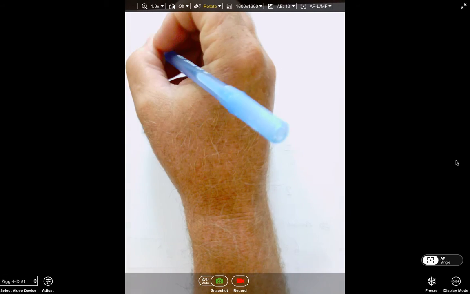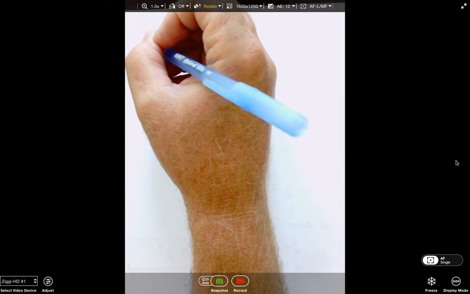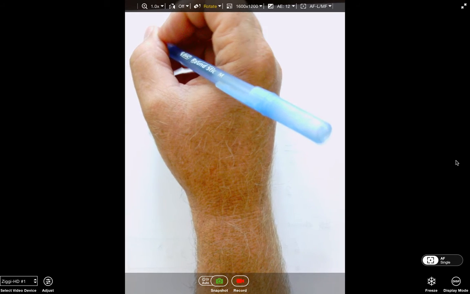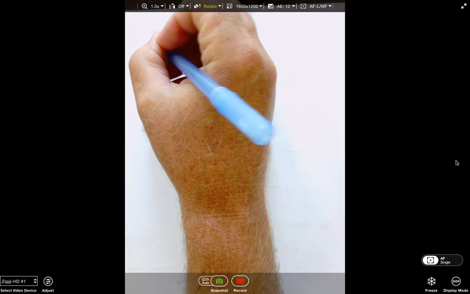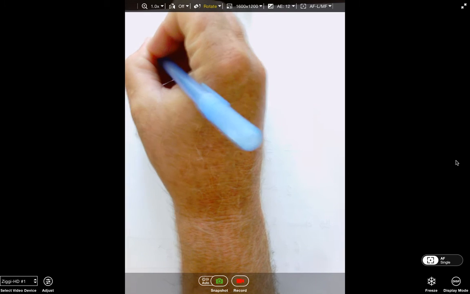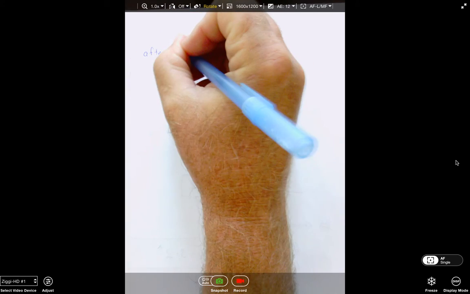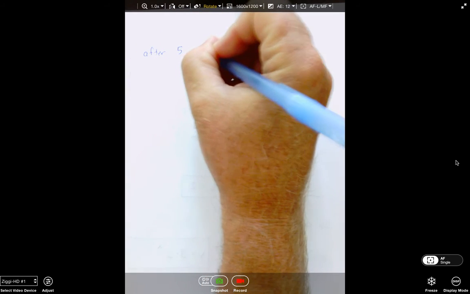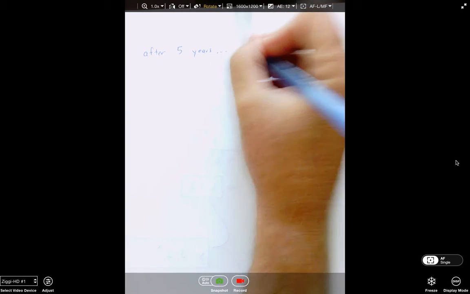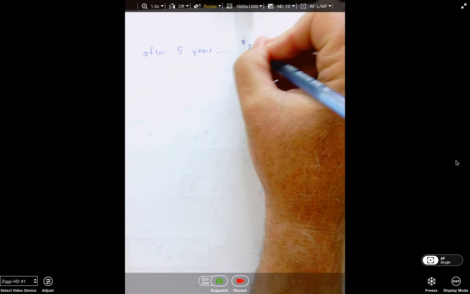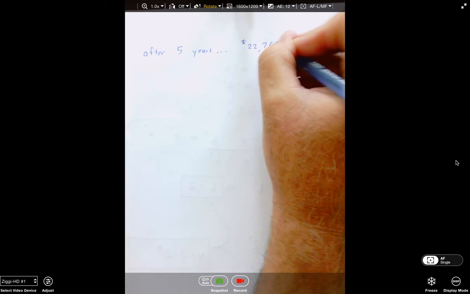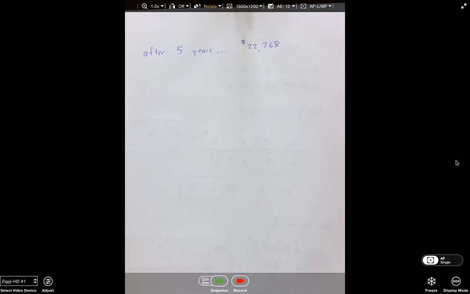Let's say that we have an investment that after 5 years our investment is $22,768.